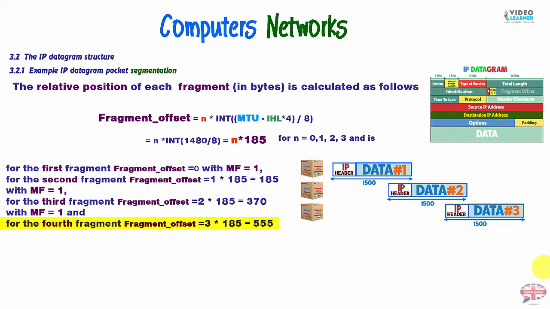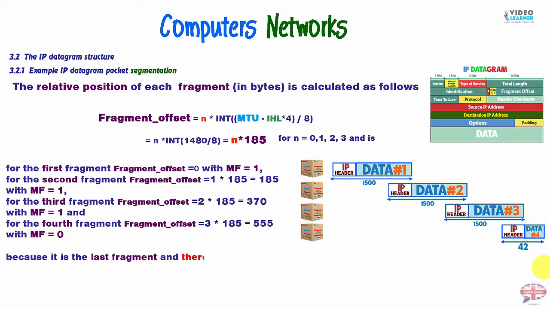And for the fourth fragment, we have offset 3 times 185, so we have 555 with MF 0, because it is the last fragment and there are no more fragments. So we have more fragment 0.